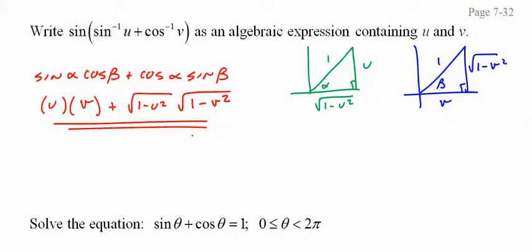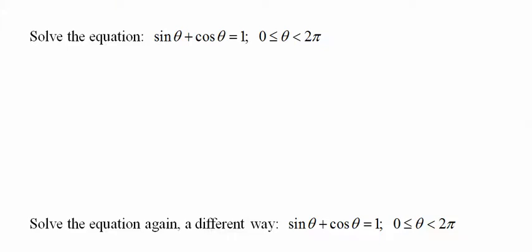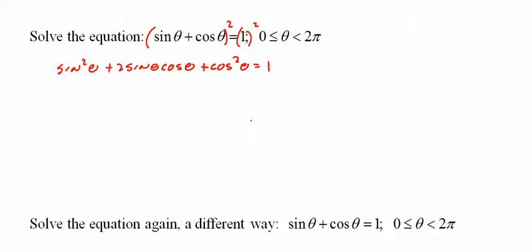And last but not least, let's go solve an equation. This is very weird. We're going to square both sides. Sine squared theta plus 2 sine of theta cosine theta plus cosine squared theta equals 1. Cancel, cancel, cancel. Hope you know why.